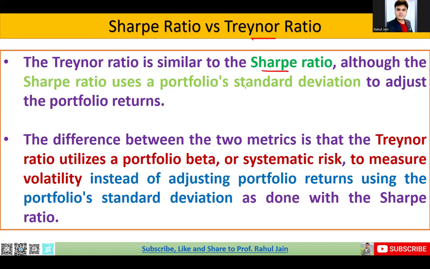In the Sharpe ratio, we use the portfolio's standard deviation to adjust the portfolio return, whereas in the Treynor ratio we use systematic risk, or the portfolio's beta, to measure the volatility. So this is the key difference: standard deviation versus beta of the portfolio between the Sharpe ratio and the Treynor ratio.